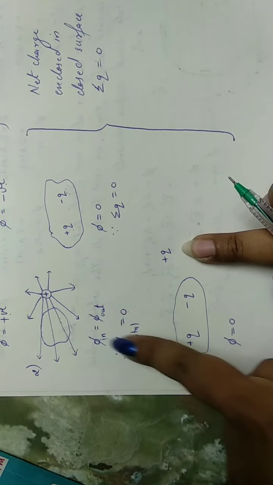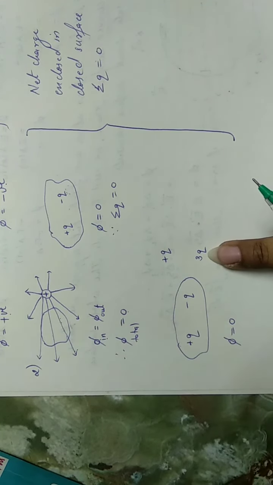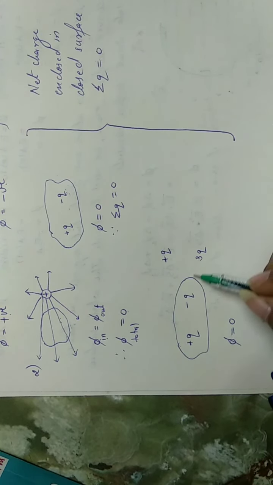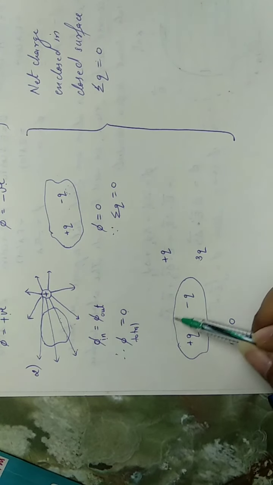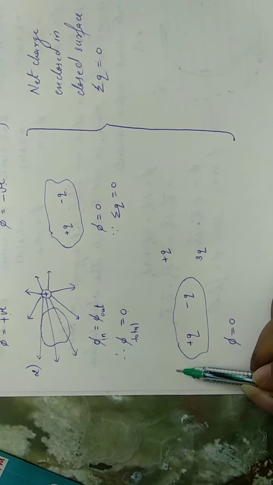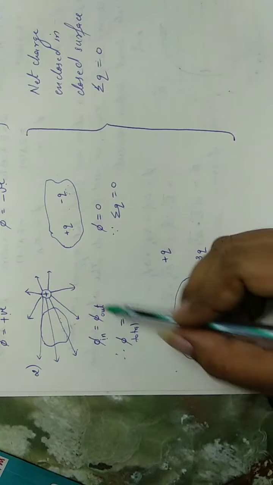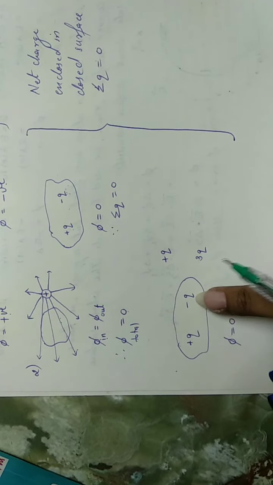So again this condition. And if you have another charge like this, 3q, over here, then again I can draw electric field lines. This is positive, so the field lines will be radially outwards. And again the same condition: the number of field lines entering will be equal to the number of field lines leaving the surface. So again the total flux passing through the surface is also going to be 0.